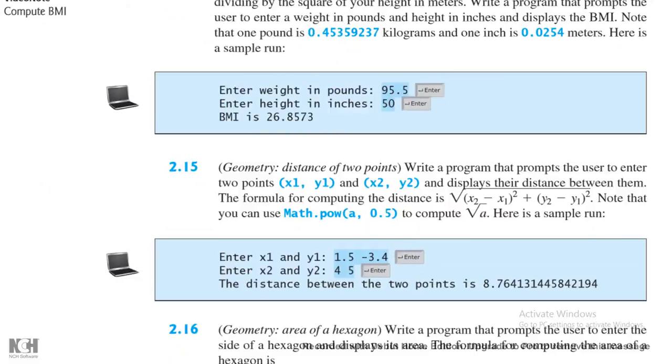We've got to write a program that prompts the user to enter two points, x1, y1, x2, y2, and displays the distance between them. The formula for computing the distance is that. Note that you can use Math.pow with a to the exponent of 0.5 to compute the square root of a. So here is a sample run.